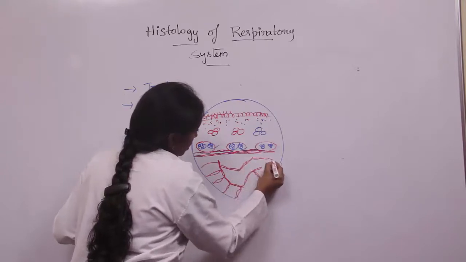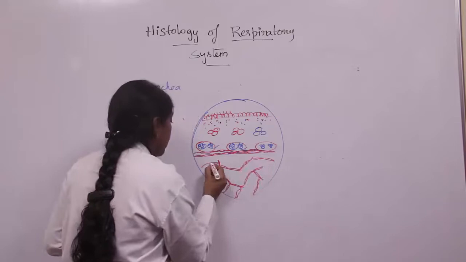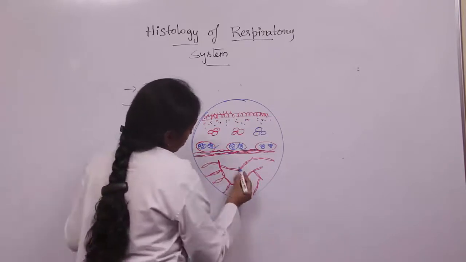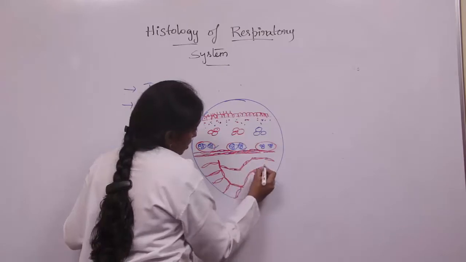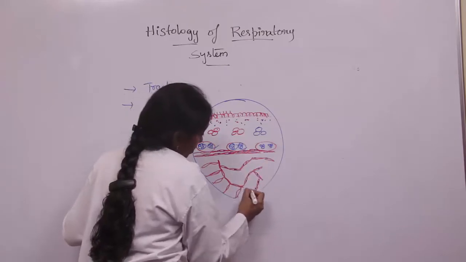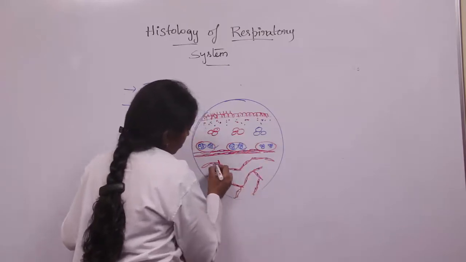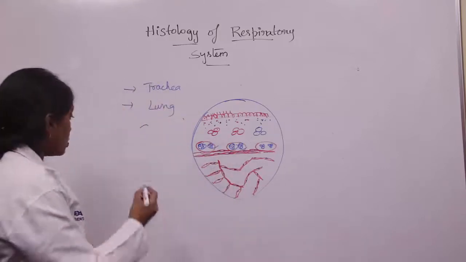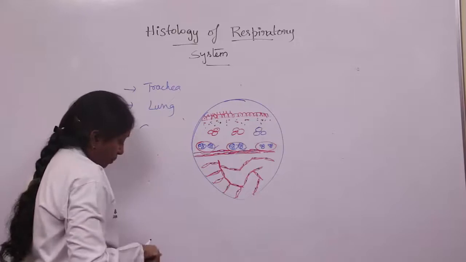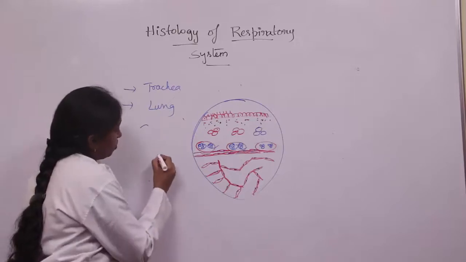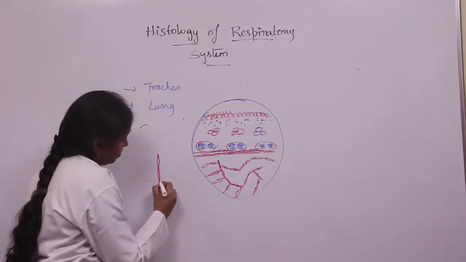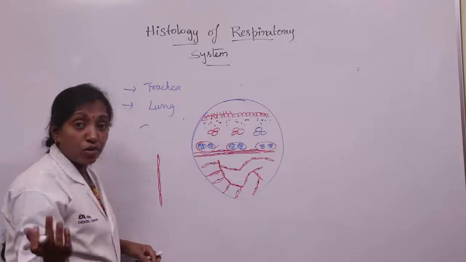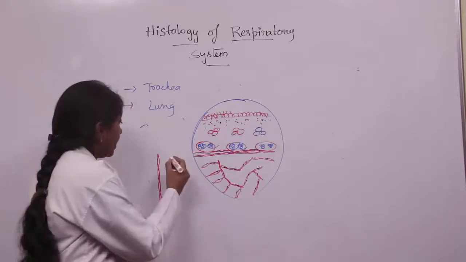So that is the structure of alveoli, where exchange of gases takes place. See here, the alveoli are lined by flattened epithelium. And here are the blood vessels. Do you know that the blood vessels are also lined by flattened epithelium, nothing but endothelium, right?